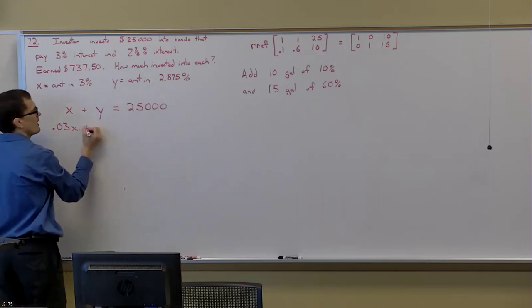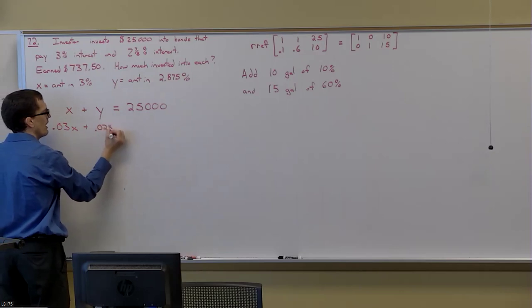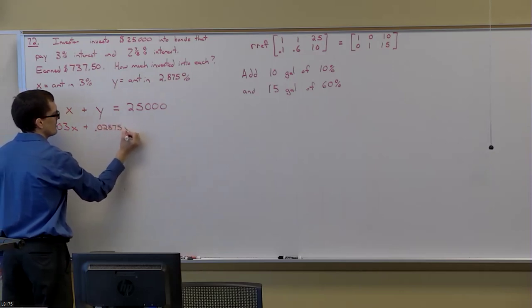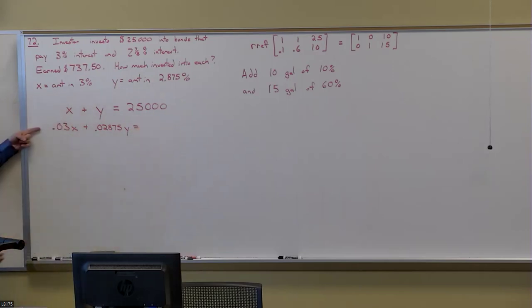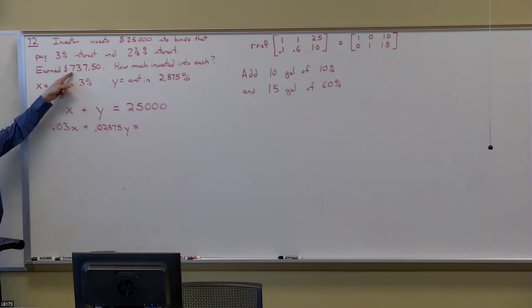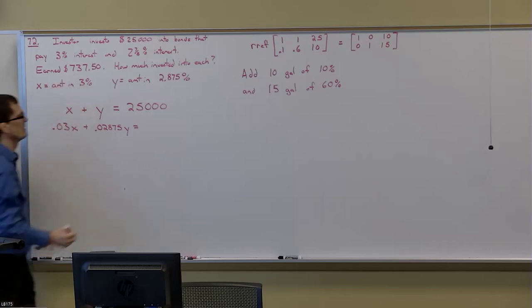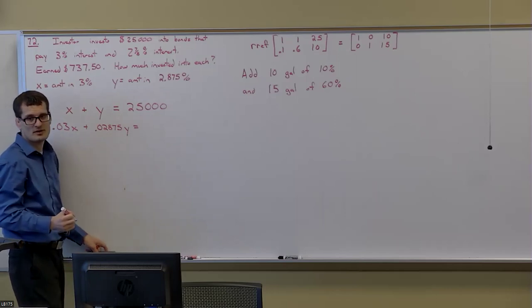And when I convert the 2.875 into a rate, it's 0.02875. That's the amount of interest they gained. And we know that has to be equal to the 737.50. I said that wrong, 737.50.